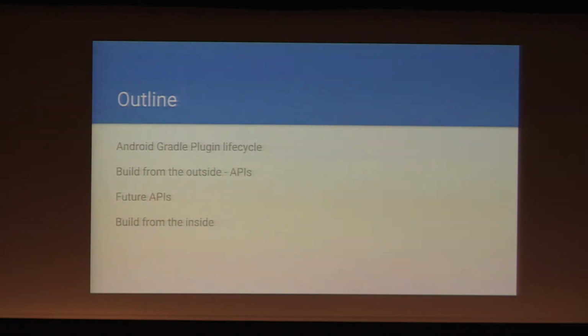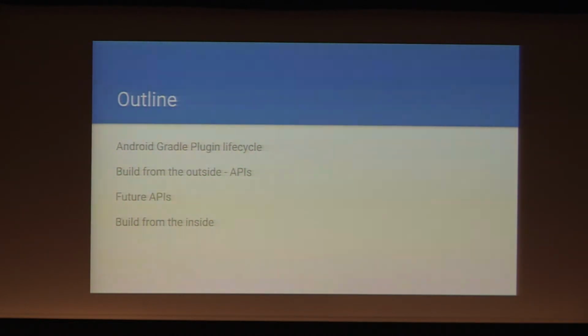So I'm going to be talking about different phases of the Android Gradle Plugin lifecycle and what is done in each of those phases. You're going to see how the things that you're changing in your build.gradle files actually get captured, and how these APIs, how we understand them internally.